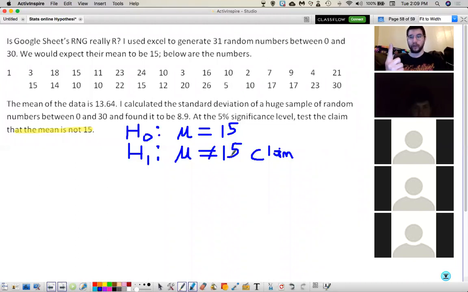So it's either going to be strictly greater than, strictly less than, or not equal to. That's your 3 options for the alternative. For the null, your options are equal to, greater than or equal to, and less than or equal to. Those are your only options for the null, and those are your only options for the alternative. Our claim is not equal to, so that's going in the alternative.